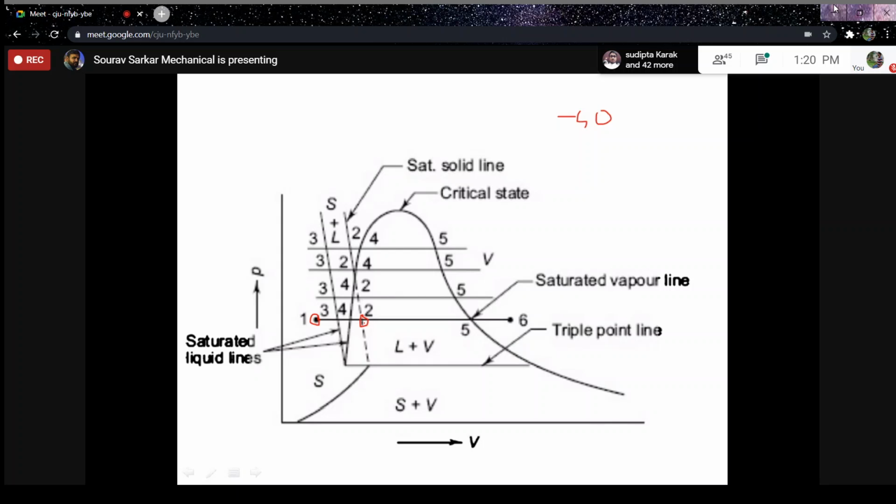If we further allow the melting process, the volume will reduce. After reaching this point 3, it is now 0 degree Celsius water. Previously it was 0 degree Celsius ice; now it is 0 degree Celsius water.